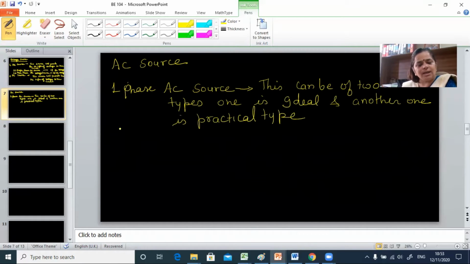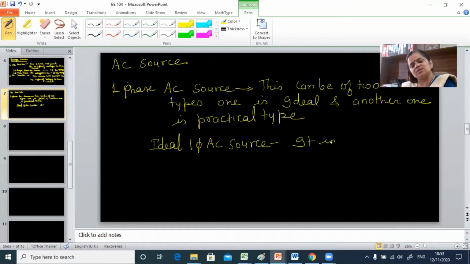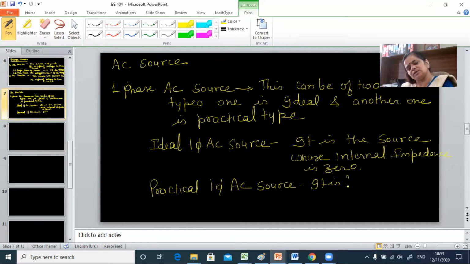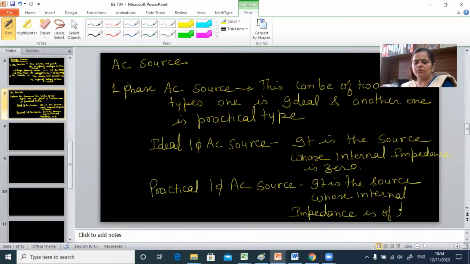Ideal single phase AC source is the source whose internal impedance is 0, whereas practical single phase AC source is the source whose internal impedance is of less value. So that is the single phase AC source.